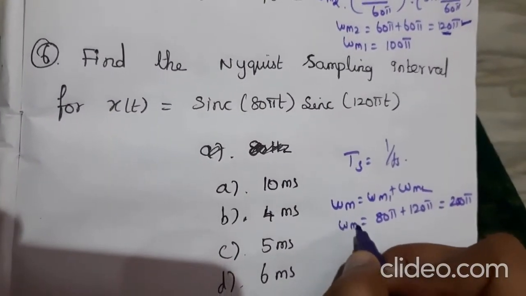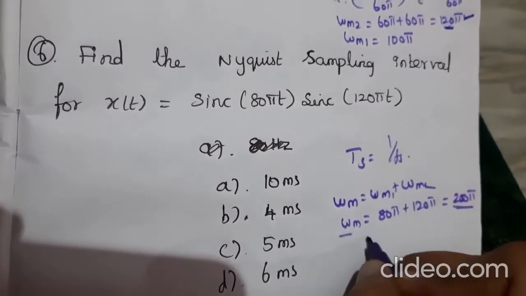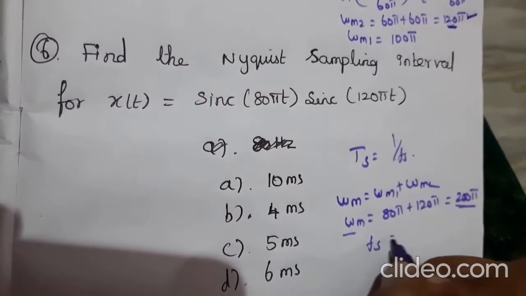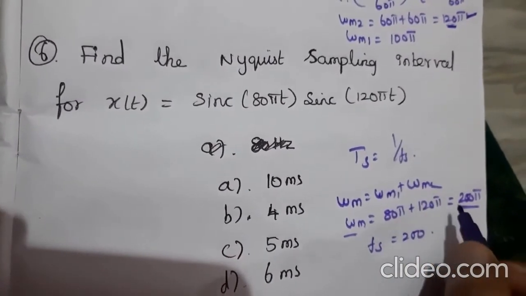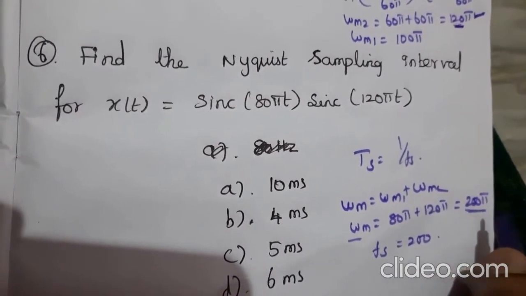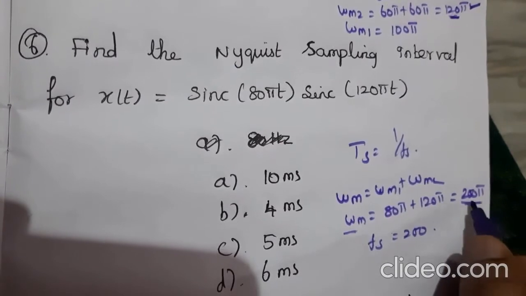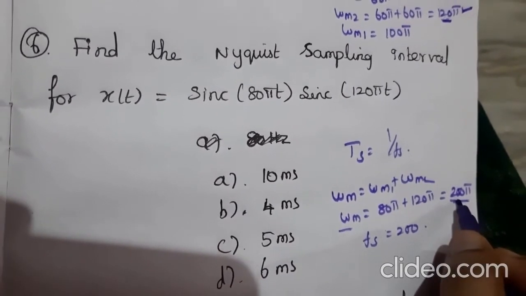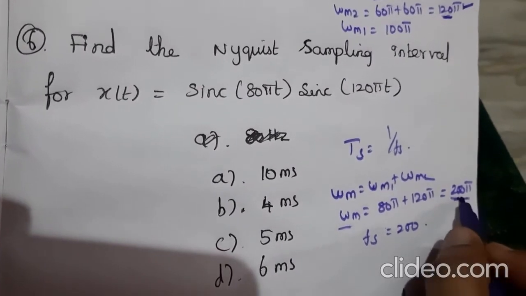So this one is the maximum value, 200 pi. So from that we can take Fs is equal to 200. Otherwise you can find the maximum frequency using the formula 2 pi fm t is equal to 200 pi t. Using that also we can find, but you can directly choose the Nyquist sampling frequency from this point.